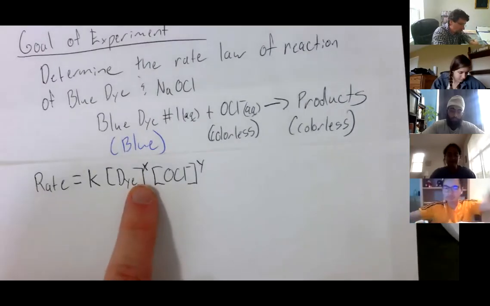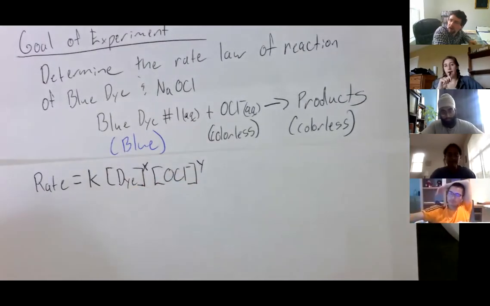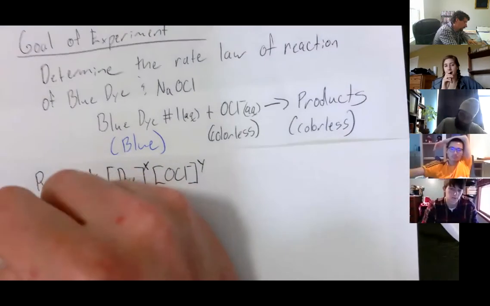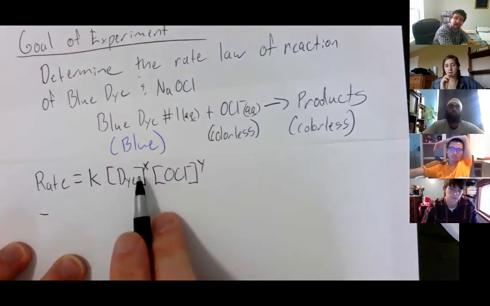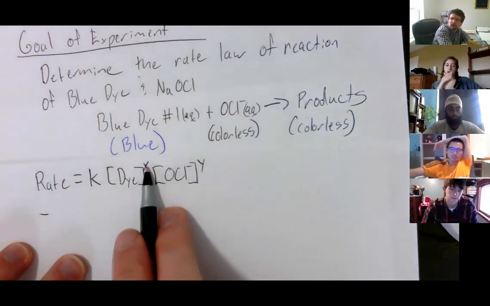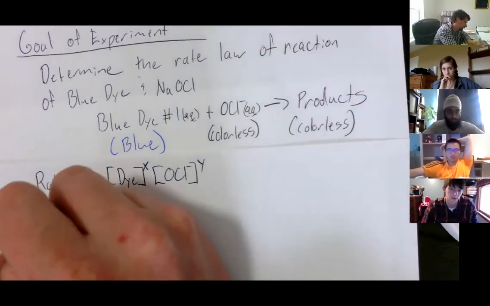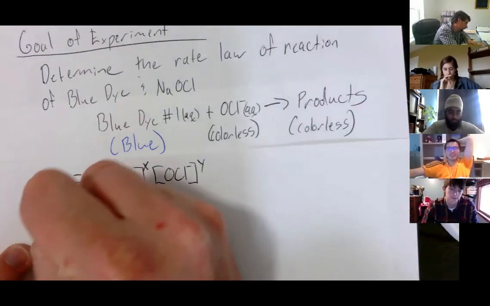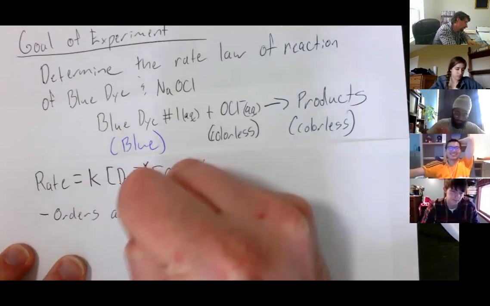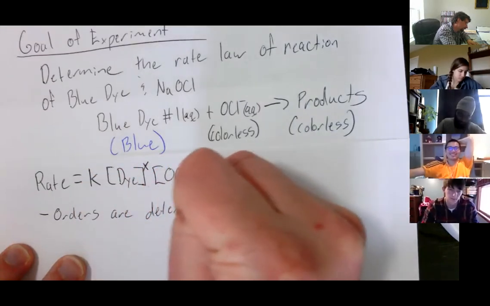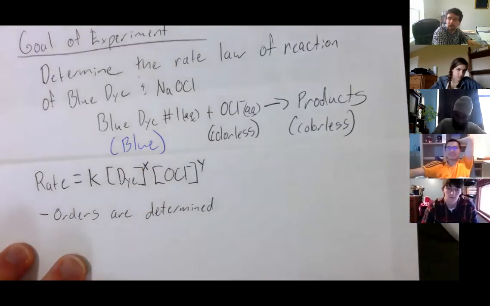Okay. Can we tell what X and Y are right off the bat? No. So how do we figure out X and Y? What are these coefficients called? Orders. Yeah. Orders are determined... So how do we figure out orders?